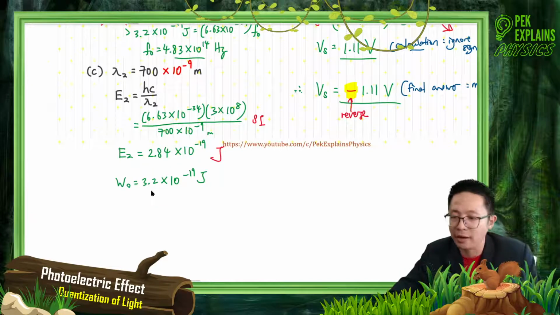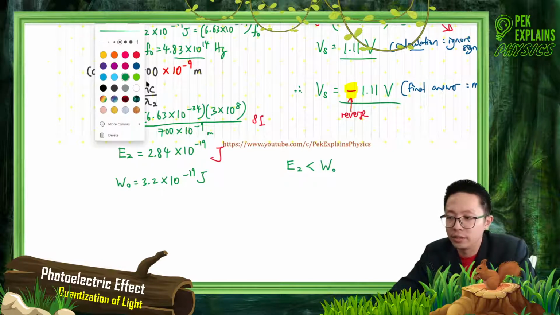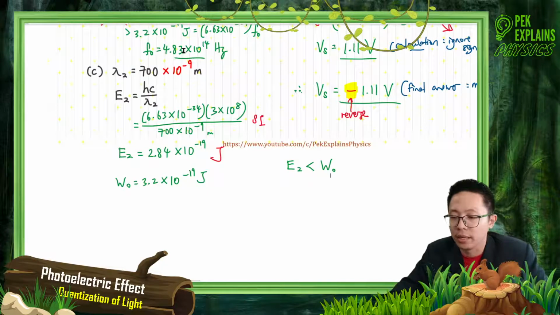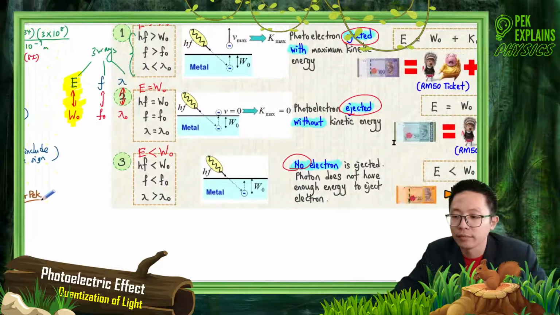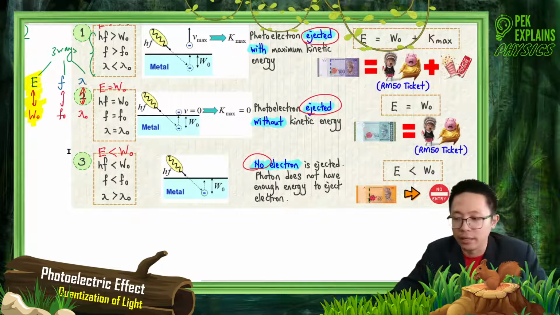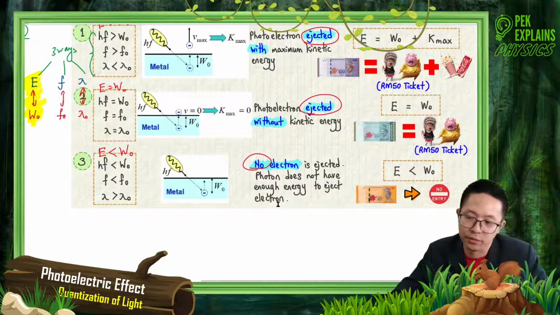Not enough. So we can see the energy of the photon is less than the work function. Not enough energy. We can say it is the third case. The energy of the incident photon is not enough to overcome the work function, so no photoelectron will be ejected. Photons do not have enough energy to eject the electron.